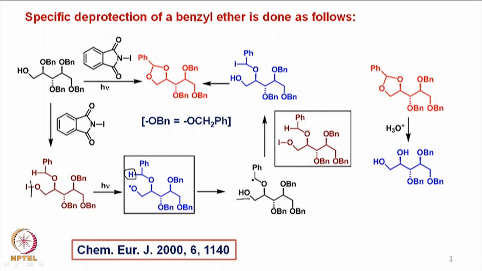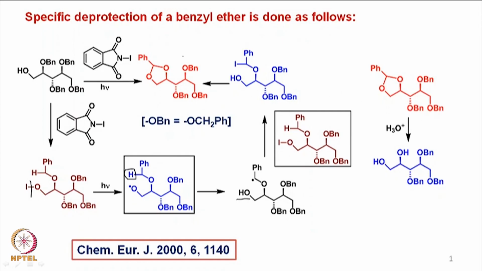Now, this particular radical then reacts with the same hypoiodite, which is shown here, and picks up the iodine radical from here and generates an oxygen radical, which is the same as this particular species. And once this hypoiodite reacts with this radical leading to this iodo compound, then there is an intramolecular closure of this part of the molecule leading to the ketal of this type.